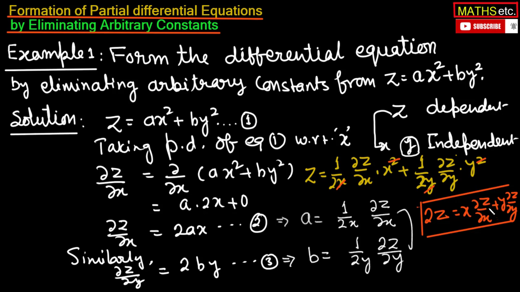At times we write del z by del x by symbol p and del z by del y by symbol q, right? So in pq symbols, this becomes 2z equals xp plus yq. So either this form or this one, this is the required partial differential equation.